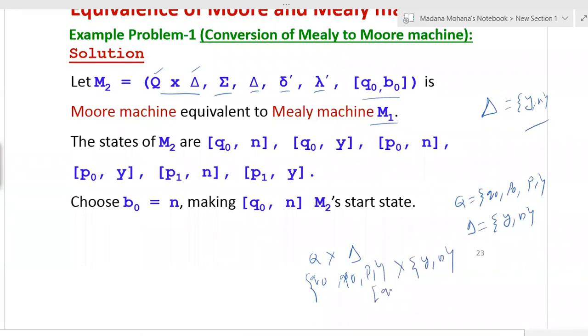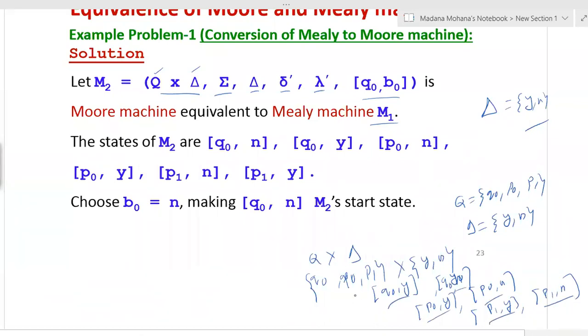First you will get q0, y, then q0, n, then similarly p0, y, then p0, n, then p1, y, then p1, n. So these are all the possible state pairs obtained. See, 1, 2, 3, 4, 5, 6. Now these are all the states of your Moore machine.